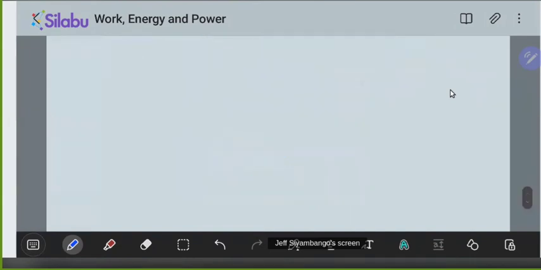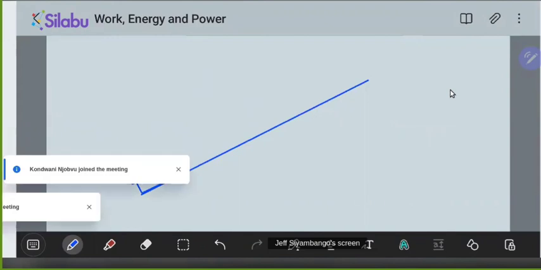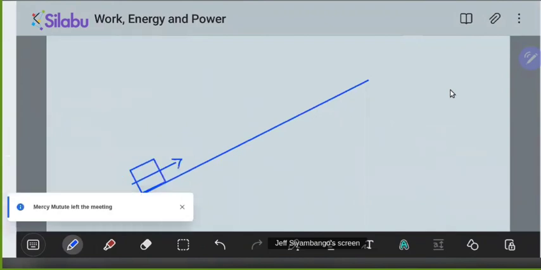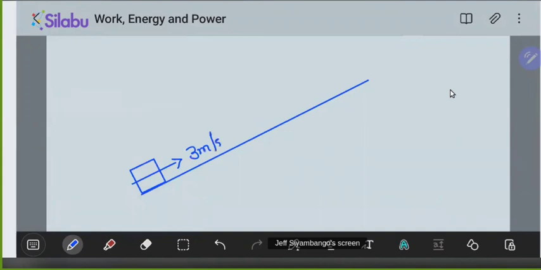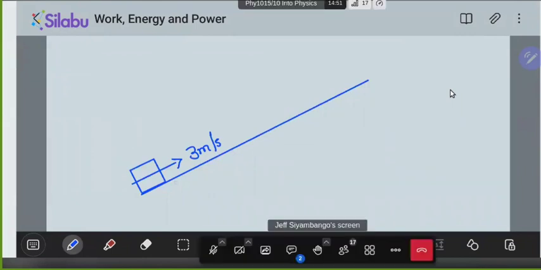If you had an inclined plane like this one, and then you have, let's say, a box that is being pushed up by an engine. So let's say you have a box that is moving in this direction, and the velocity is 3 meters per second, at constant velocity.